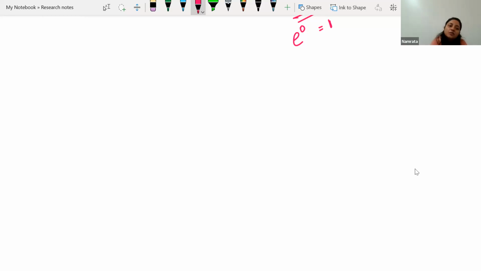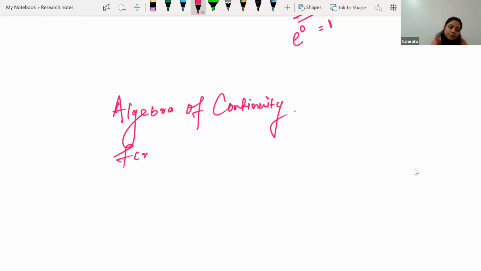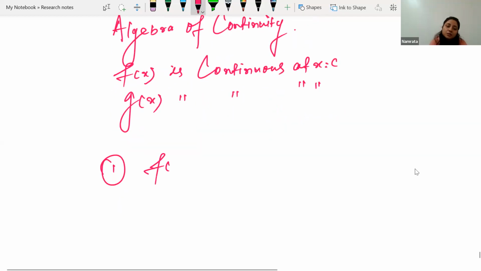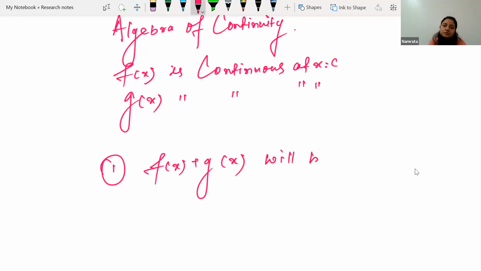Now, the algebra of continuity says that if f of x is continuous at a certain point and g of x is another function that is also continuous at the same point, then f of x plus g of x will be continuous at x equals c.